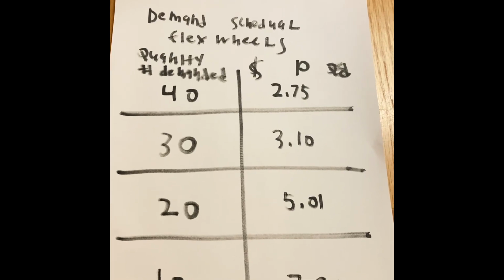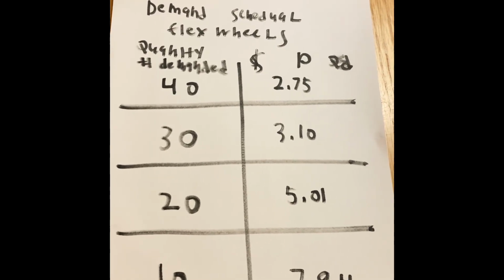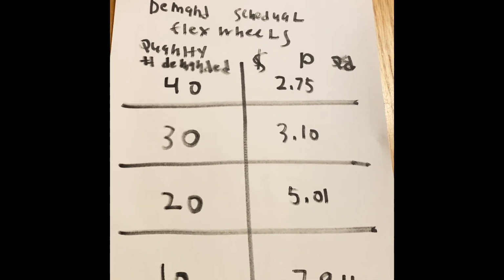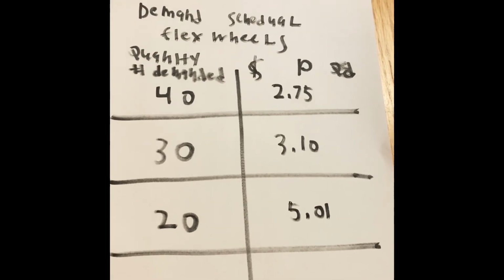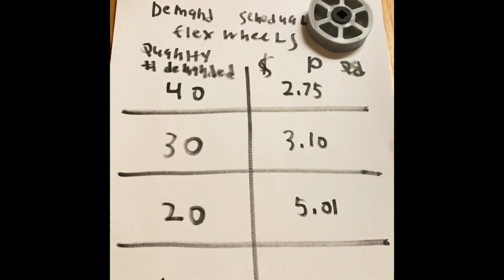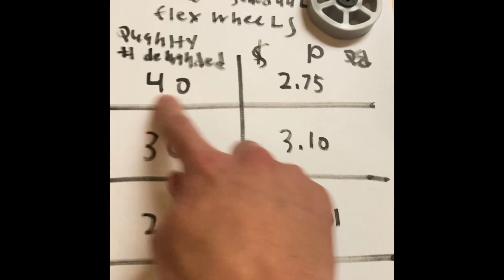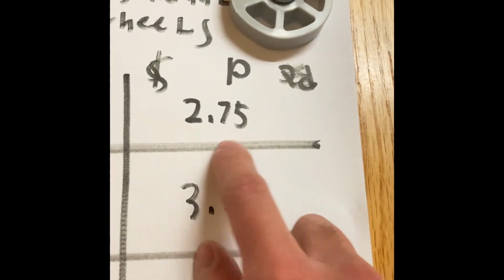For example, there are going to be a lot more buyers when the price is very cheap and there is a lot in stock. Take flex wheels, these wheels used for a robotics kit. Many people are going to want to buy flex wheels if the price is low like this.